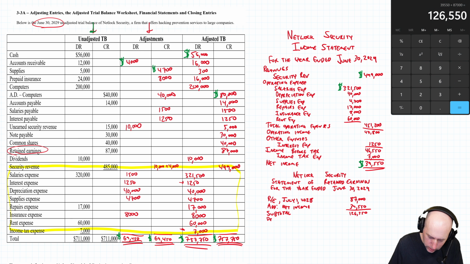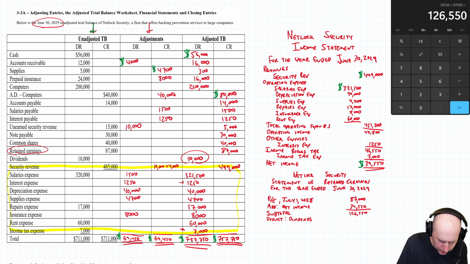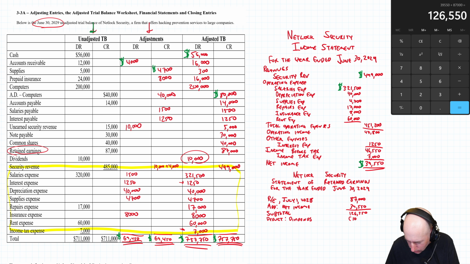We deduct dividends, and our dividends were right here, $10,000.